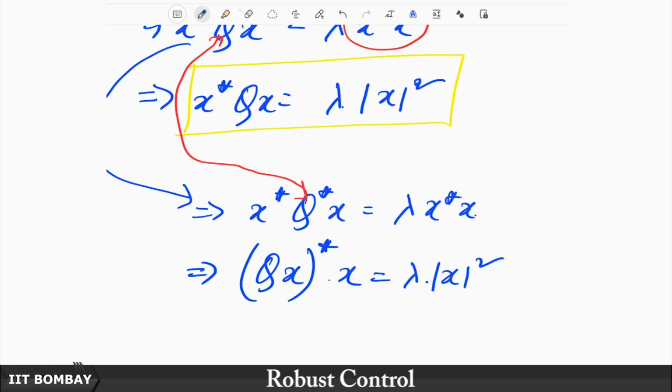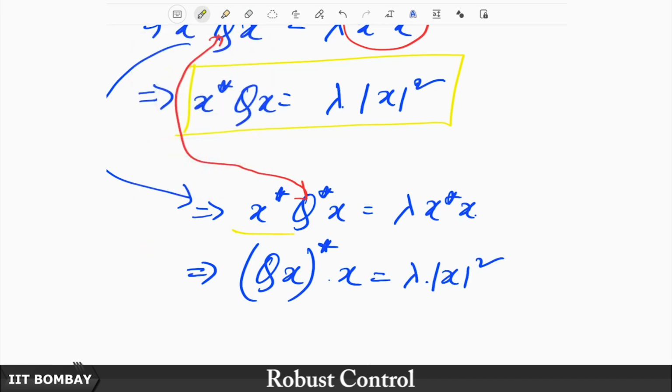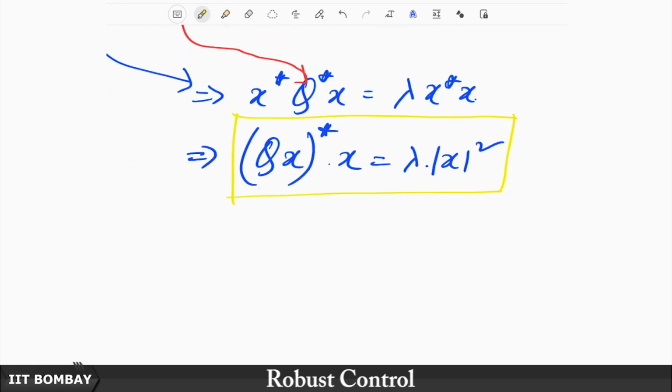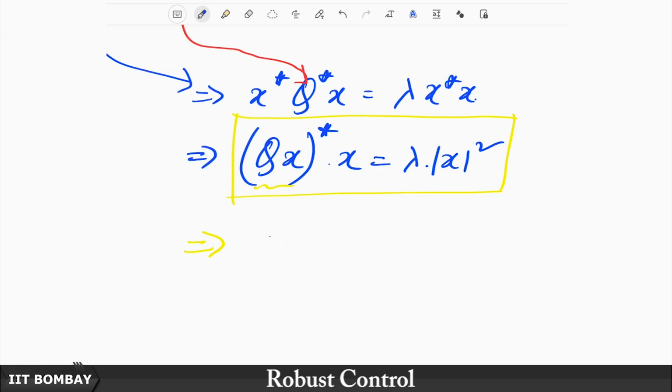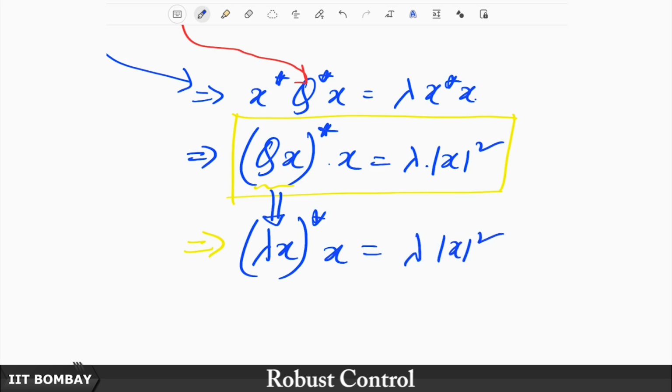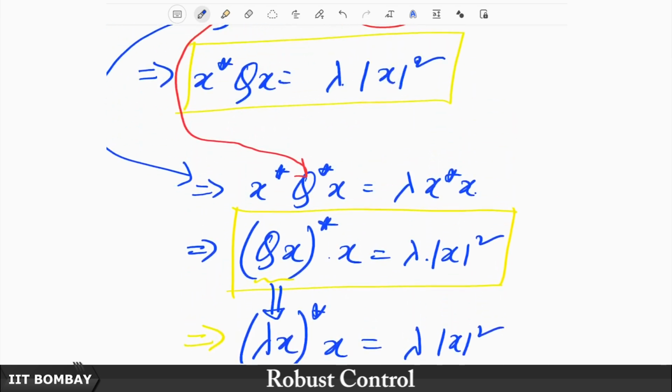So from these two boxed relations, what can I deduce? Can I not just replace this part now? Let me go back to the blue color. Can I not just replace this with lambda x whole conjugate? So that is basically inherited from here, times x is equal to lambda times mod x squared.